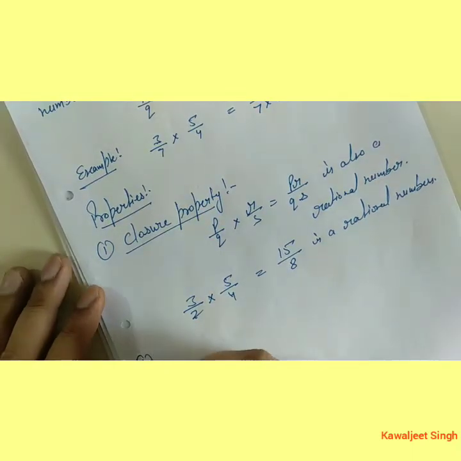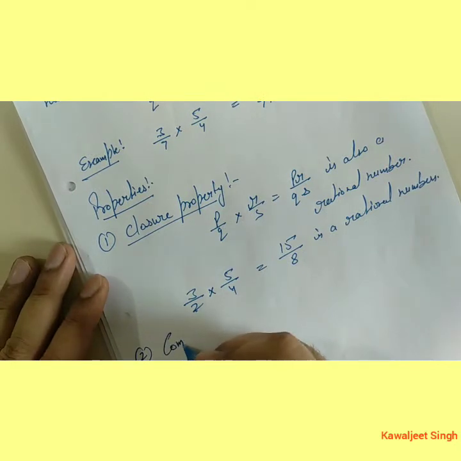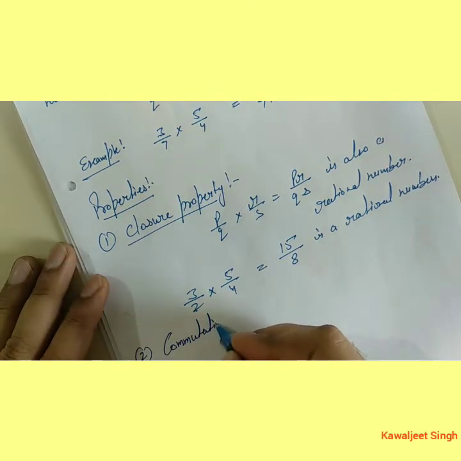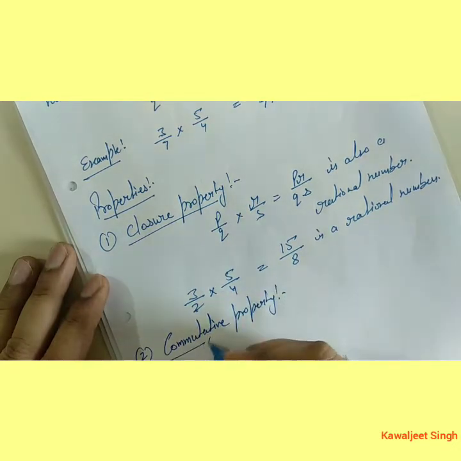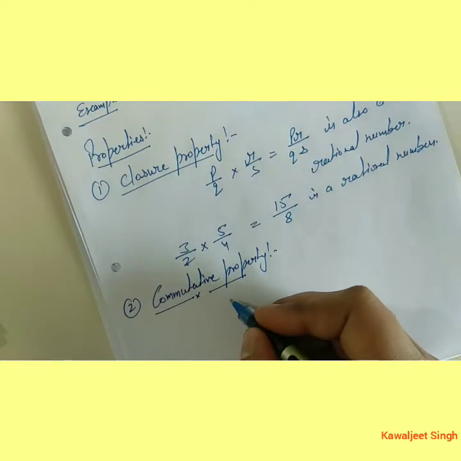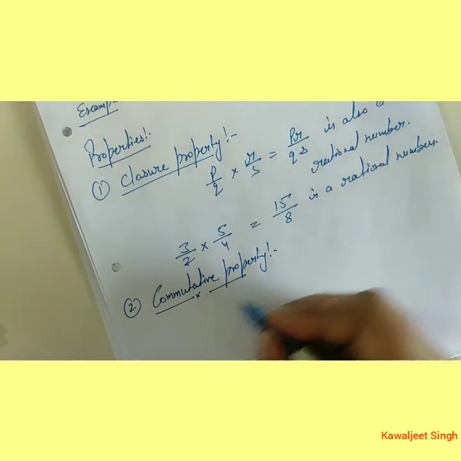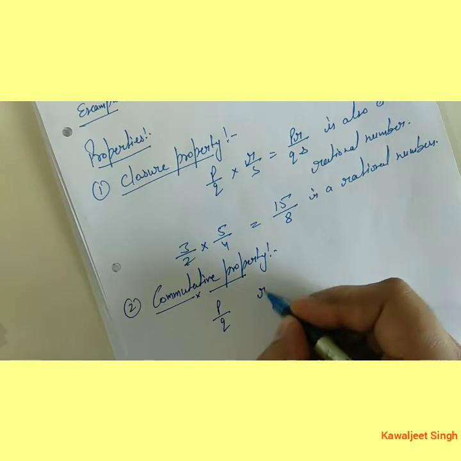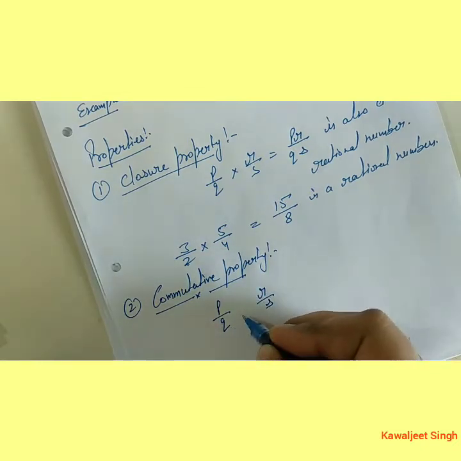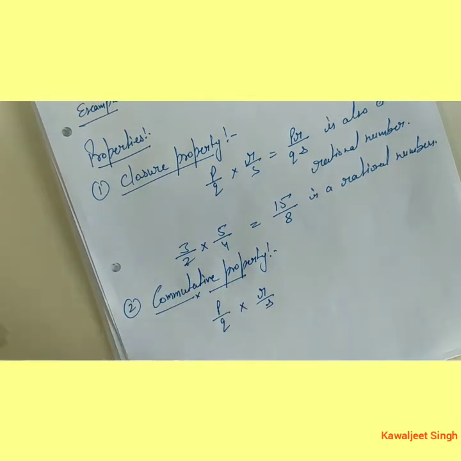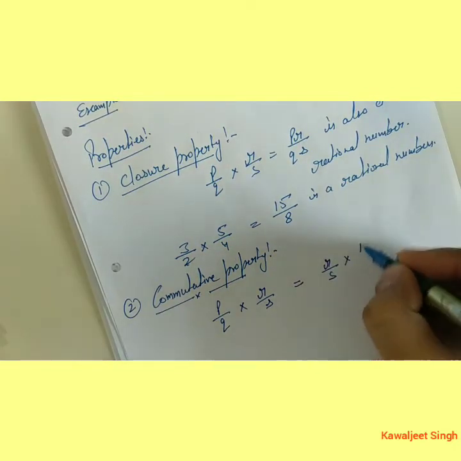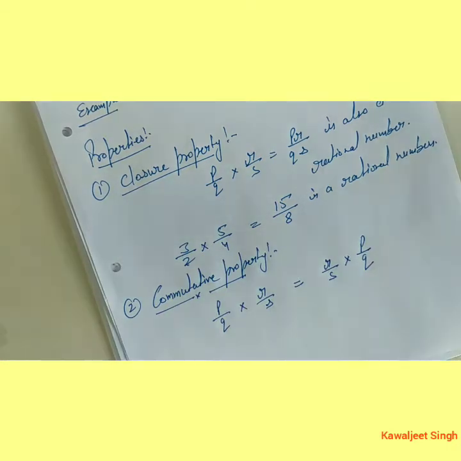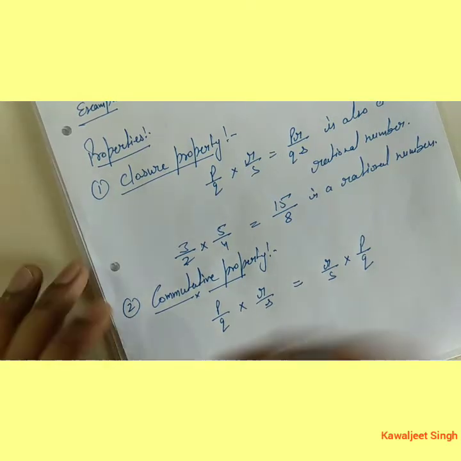Now number 2, our commutative property. Commutative property tells us that in the same manner, if two rational numbers are P by Q and R by S, the product of P by Q and R by S is equal to R by S into P by Q, then our commutative property holds good here.